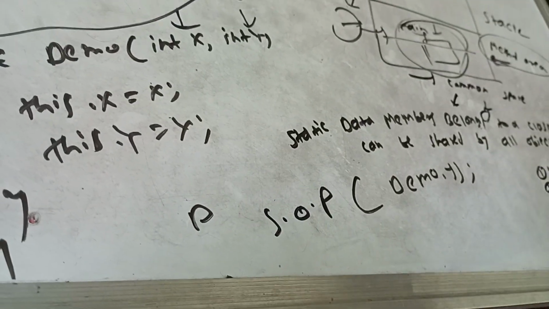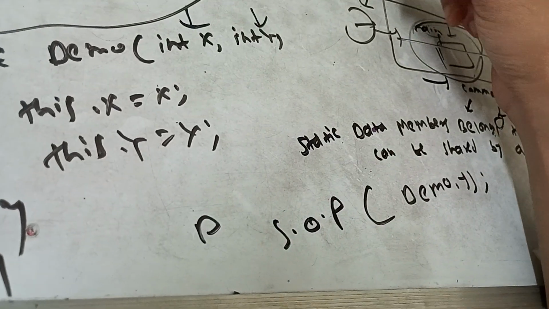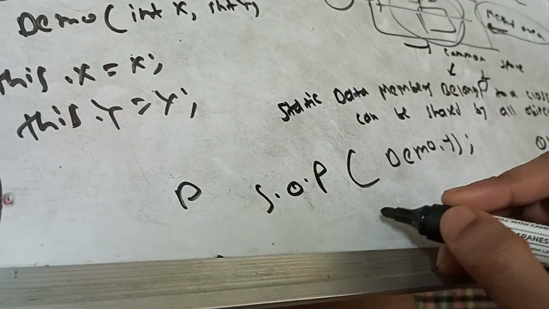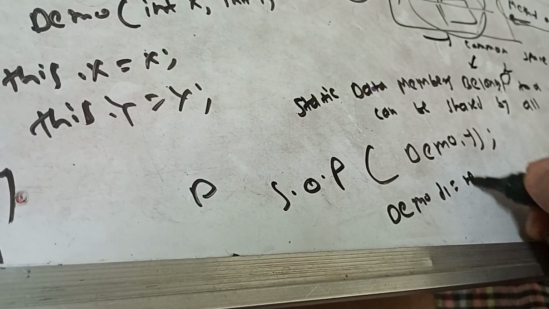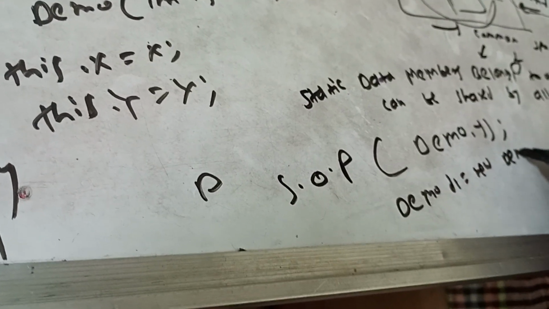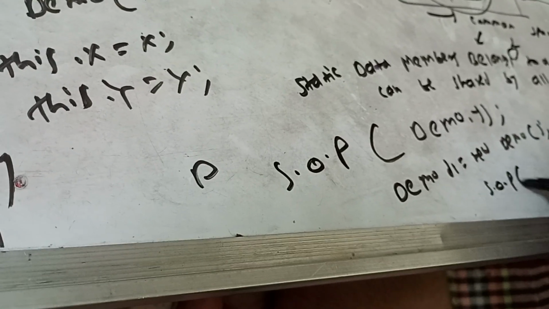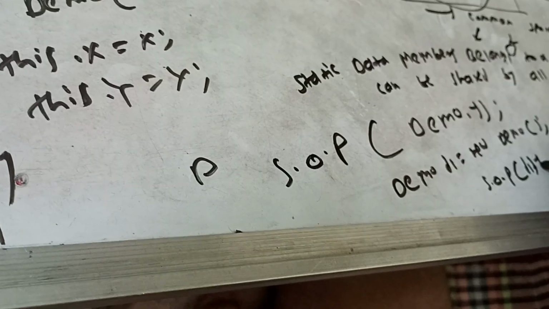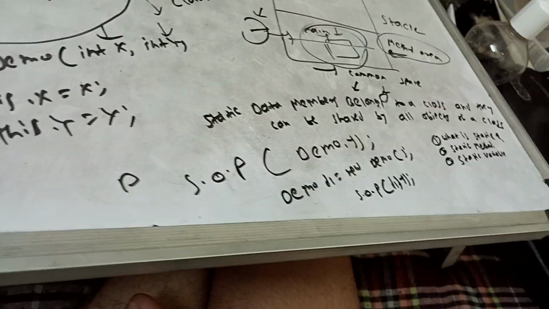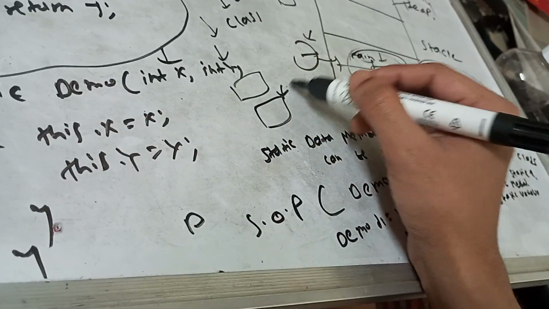We can access it using the class name as well as using an object of the class. And we can also access the static methods using the class name as well as the object which we create of that class.